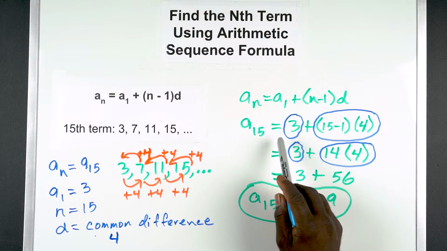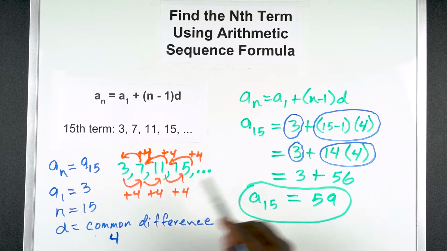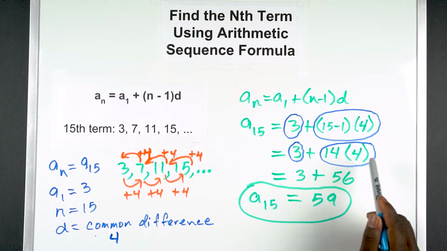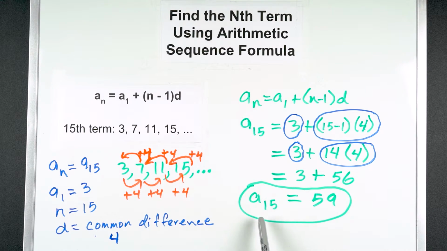We substituted our values for each of the variables, used order of operations, and the 15th term is 59. What that means is, if we followed the pattern of continuing to add 4 to each term, the 15th term in this arithmetic sequence would be 59.